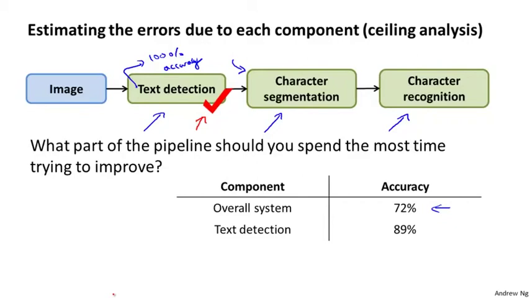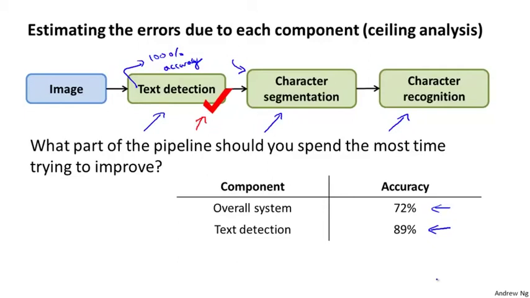What we're going to do then is run this data through the rest of the pipeline, through character segmentation and character recognition, and then use the same evaluation metric as before to measure the overall accuracy of the entire system. With perfect text detection, hopefully the performance will go up, and in this example, let's say it goes up to 89%. And then we're going to keep going.